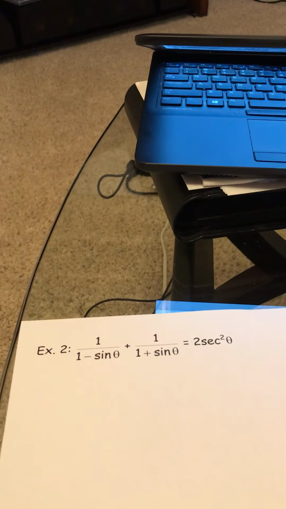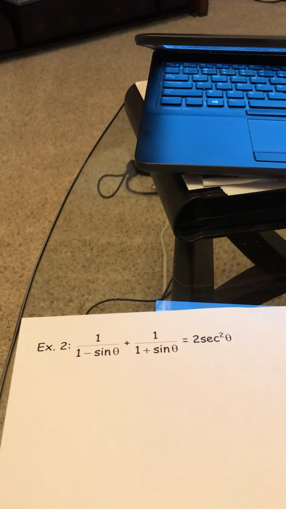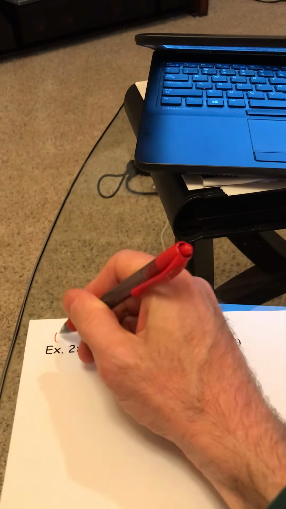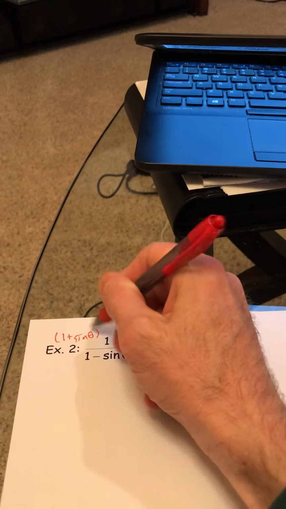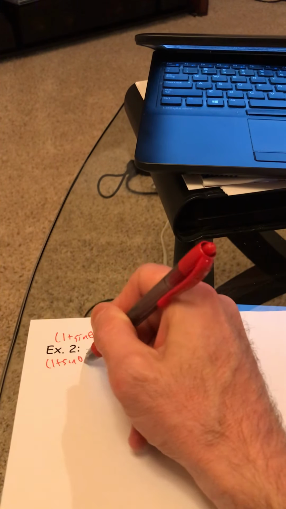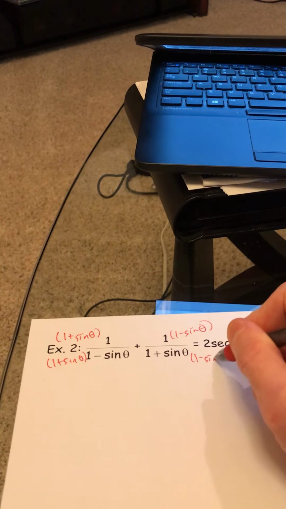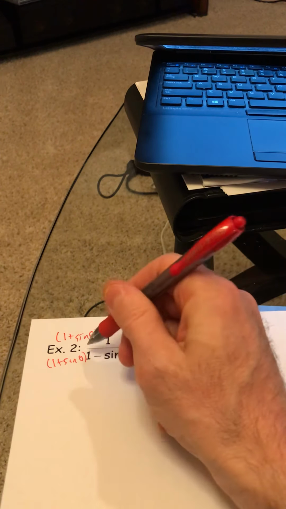All right, next up, 1 over 1 minus sine plus 1 over 1 plus sine equals 2 secant squared theta. Well, for this, anytime you see adding of fractions throughout the identities unit in Chapter 5, pretty much always want to be thinking, okay, we're going to need to get a common denominator. So, for this, our common denominator, I will use 1 plus sine for the first fraction and 1 minus sine for the second fraction.